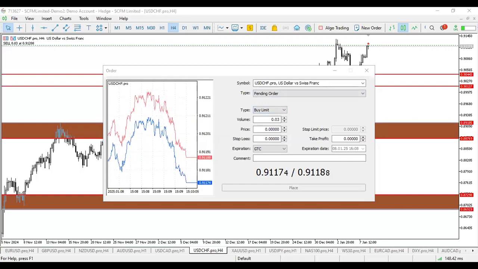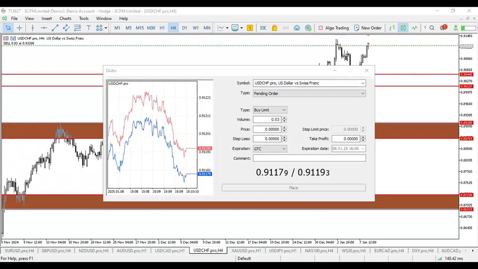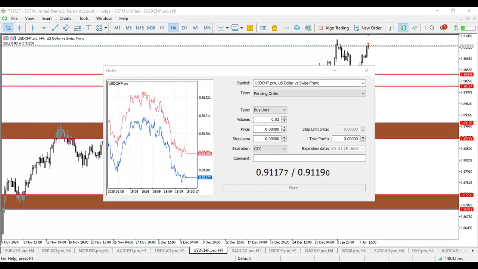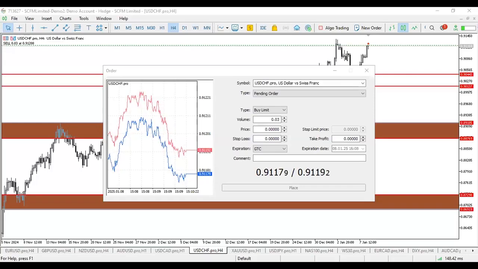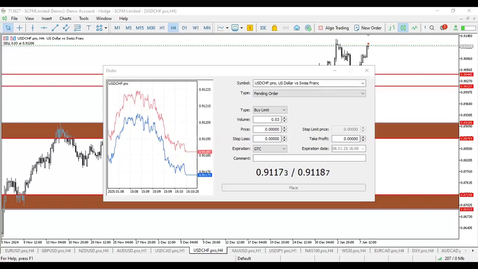Anytime you click on it and you sell or buy, it's executed at the current market price immediately. But a pending order is meant to be executed at a later time or in the future. It's not something that will be executed at the current market price.